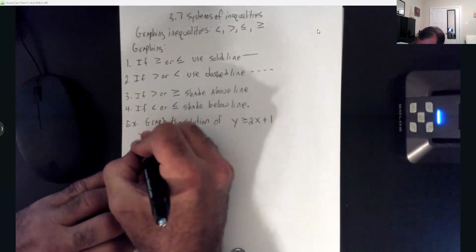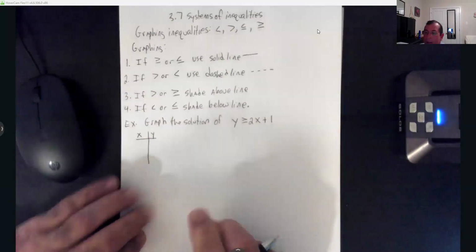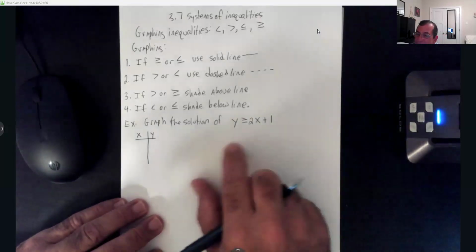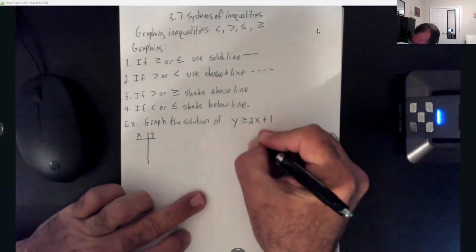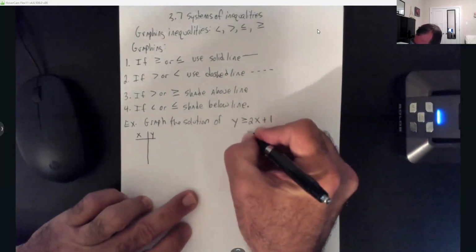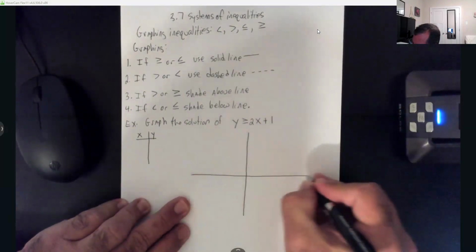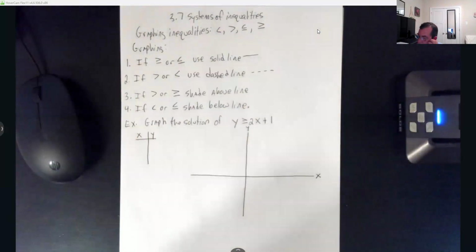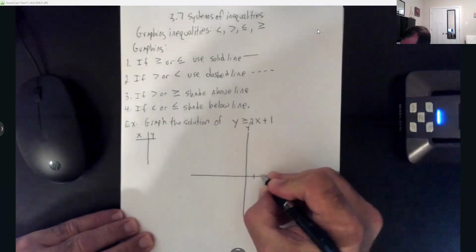So what I'm going to do, I'm going to graph this, and then we will shade the region that gives this the true answer, okay? I'm going to try to keep my numbers small, so I'm going to number this out about 5 to start.